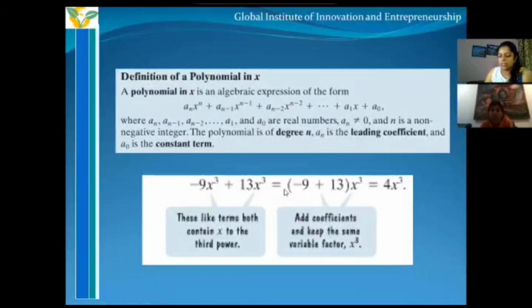So minus 9 plus 13 taken in a bracket, x cube is common, which gives you what? 4x cube. Because minus 9 plus 13 is what? Plus 4x cube. The sign of the greater number will be kept. That is 4x cube. These like terms both contain x to the third power, so add the coefficients and keep the same variable factor, that is x cube. This is how we perform addition of polynomials.